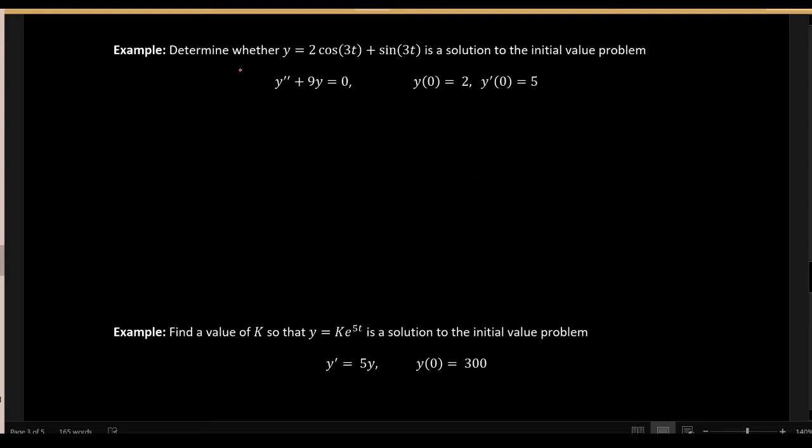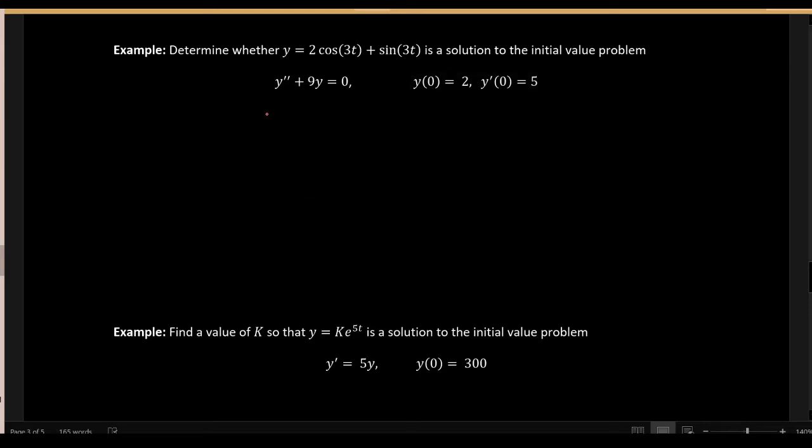So let's see if the function y equals 2 cos 3t plus sine 3t is a solution to the initial value problem given here. Now, in order for this function to be a solution to this initial value problem, a total of 3 conditions have to be satisfied.